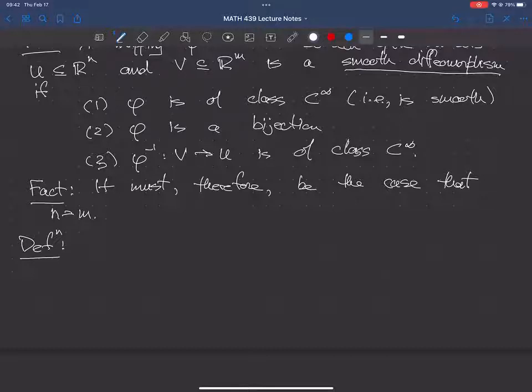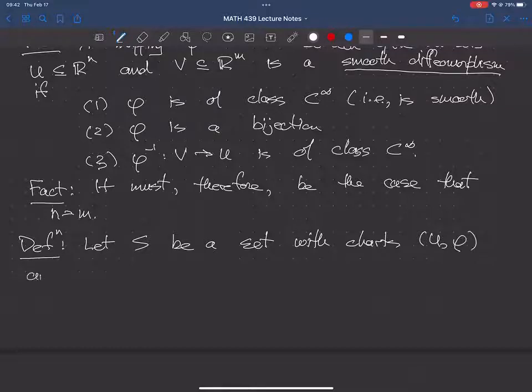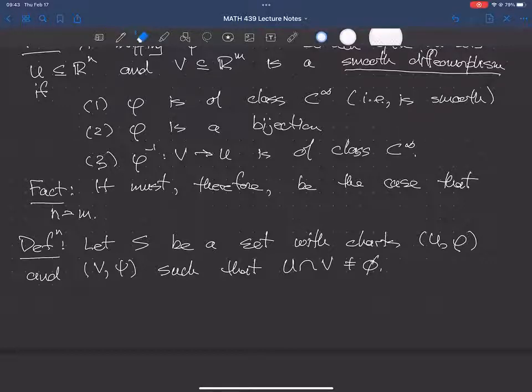All right, so let S be a set with 2 charts, (U, phi) and (V, psi), such that U intersect V is not empty. If they are empty, then there's nothing. The definition I'm going to give is vacuous.